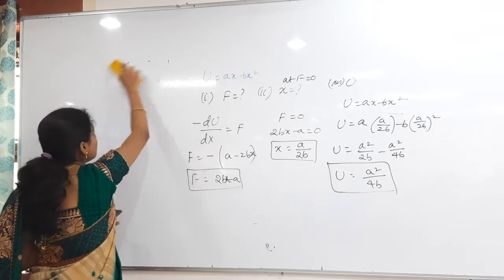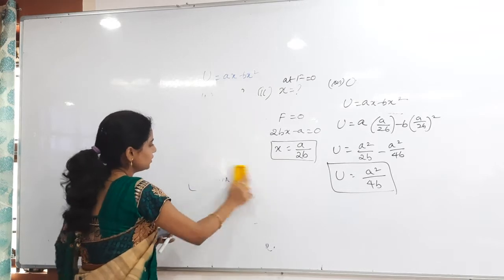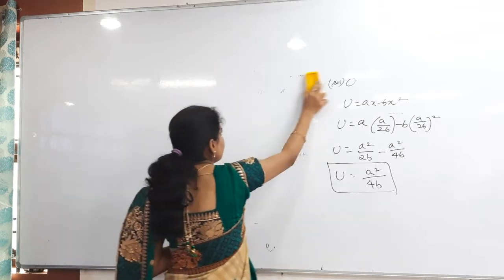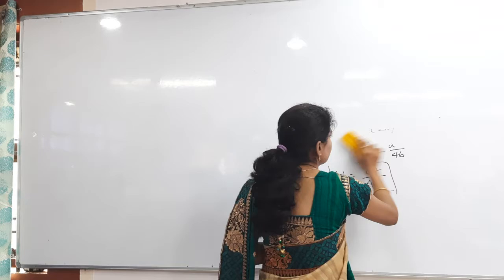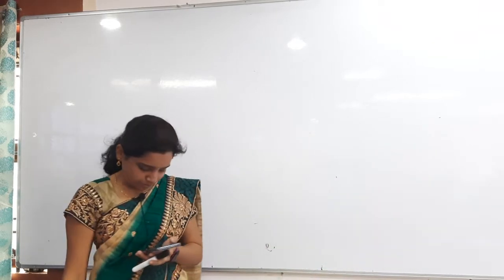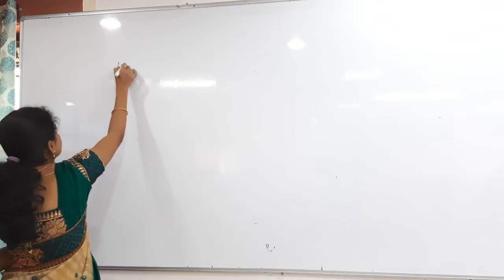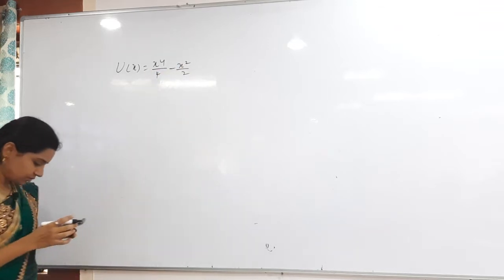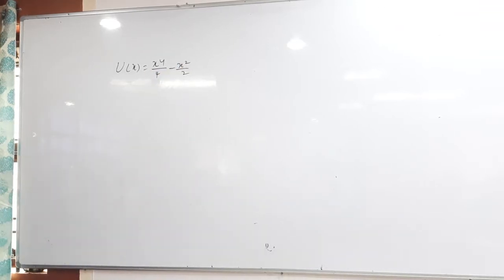is given by U(x) = x^4/4 minus x^2/2. The total mechanical energy of the particle is 2 joules.